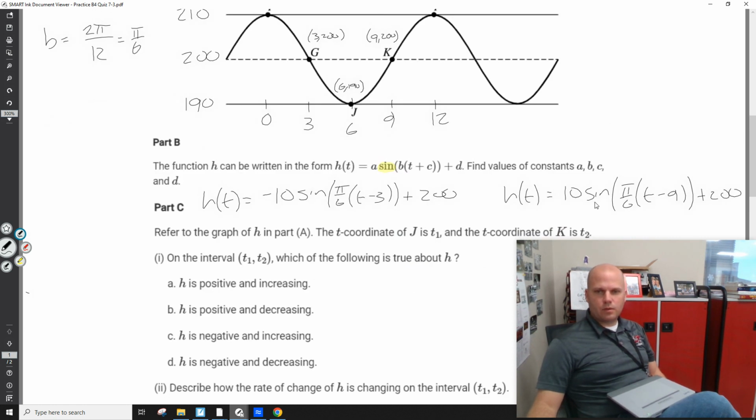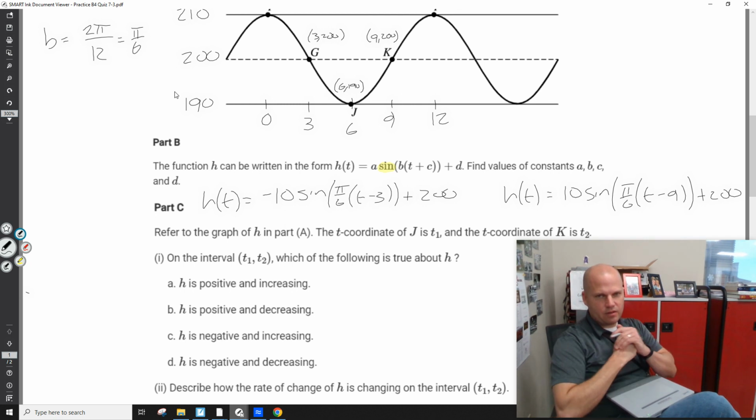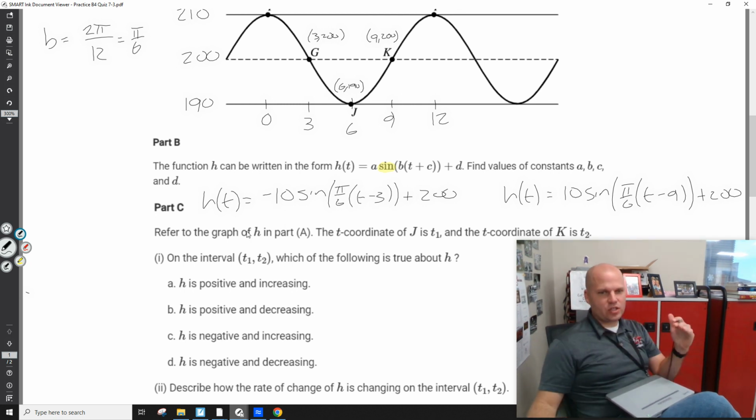J and K, between J and K, what's happening? Well, H has positive values. We haven't seen many negative values on this example. On the next page, we have some negative values, but this question is not about the rates of change being positive and increasing.